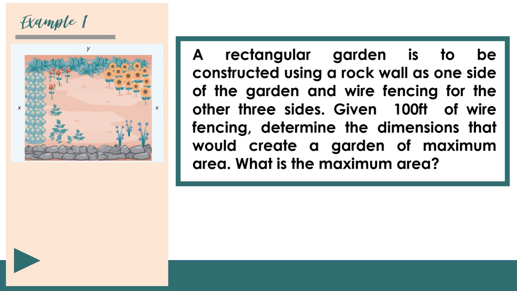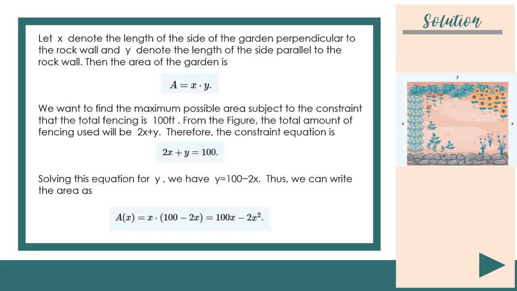So let us inspect this problem and try to perform the steps we presented earlier. Let x denote the length of the side of the garden perpendicular to the rock wall, and y denote the length of the side parallel to the rock wall.